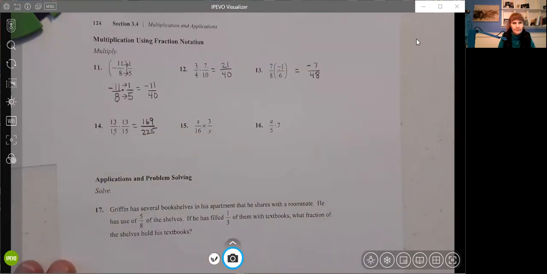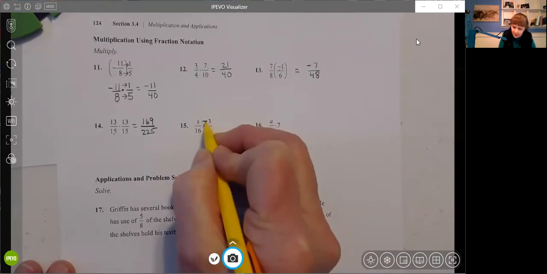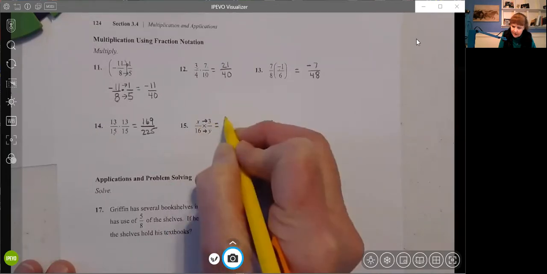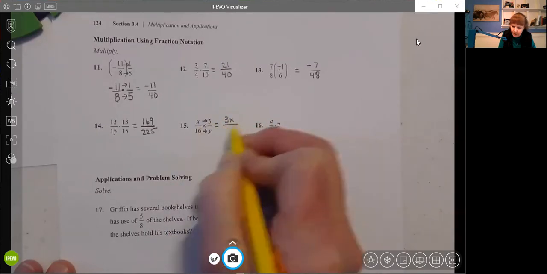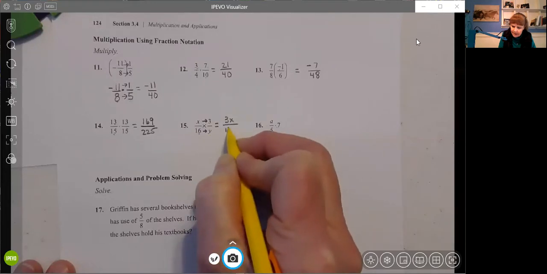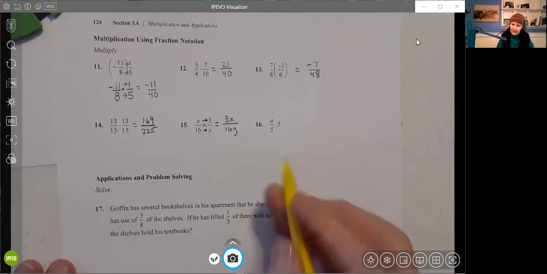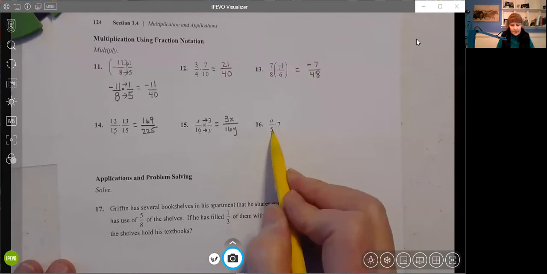You're done. Let's look at 15 because we've got some variables now. It's really not much more difficult. You multiply straight across. 3 times x is 3x. 16 times y is 16y. And there you're done. This one is like the previous page that we did.